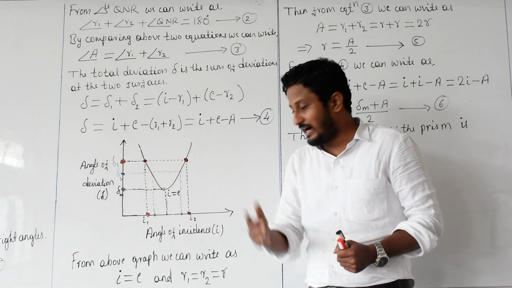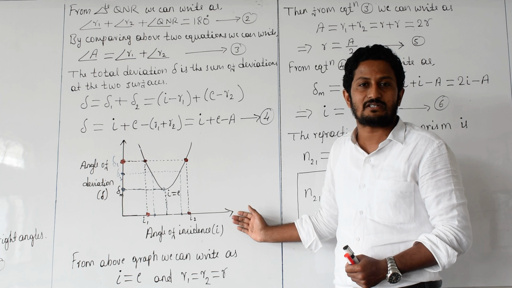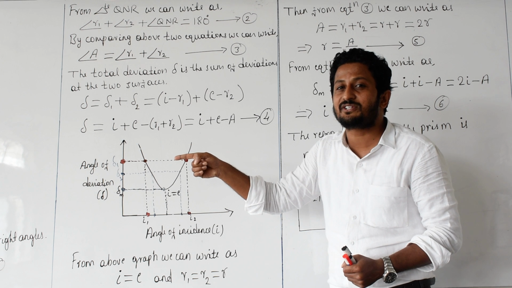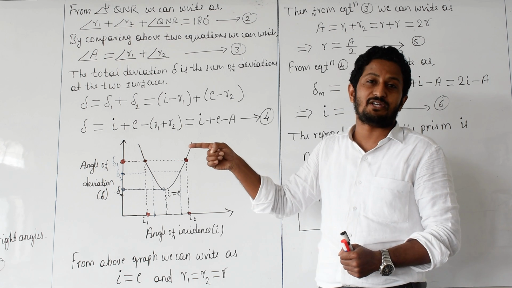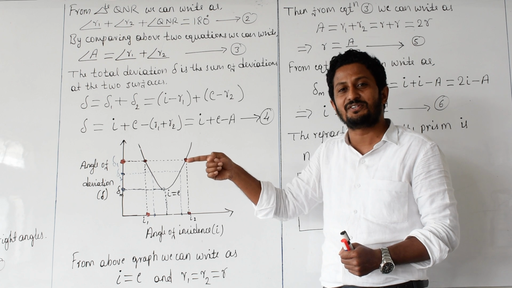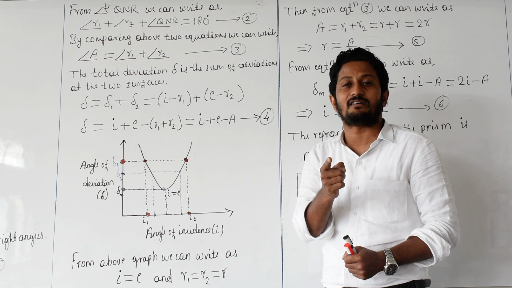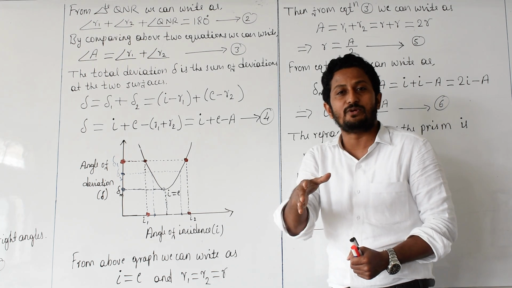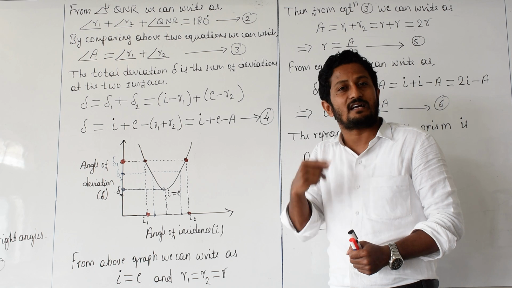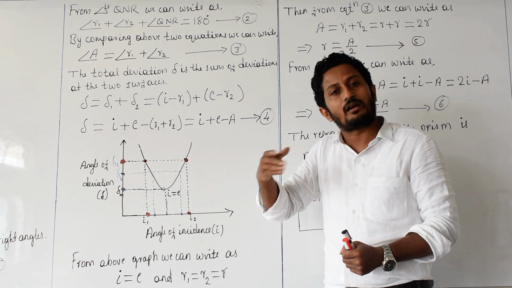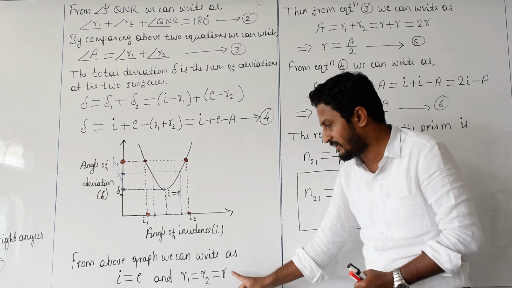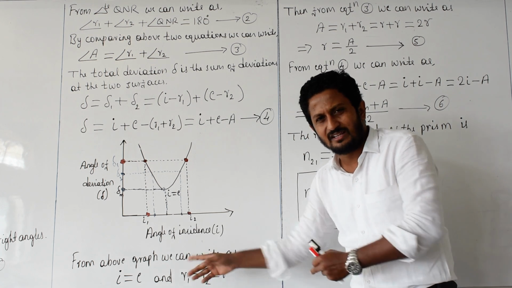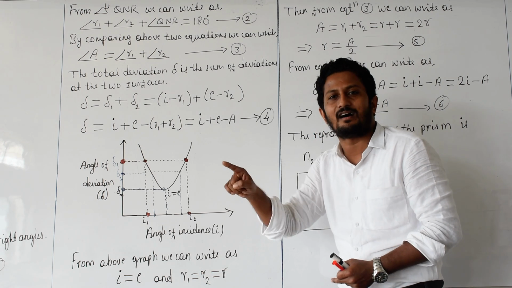R1 is equal to R2. That one only I have written here. That diagram is for which deviation? For minimum deviation. At that minimum deviation, angle of incidence and angle of emergence are equal. When these two are equal, then obviously the remaining two angles R1 and R2 are also equal. That I have written here. I have taken R1 equal to R2, and together I treated them as R.